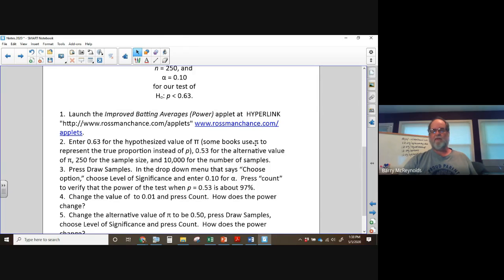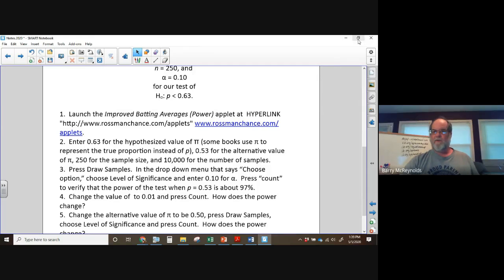I wouldn't pronounce it pi in Greek. I would look at this letter and call it p. So in many courses and textbooks, the Greek letter pi is synonymous with the English character p. So when you see the Greek letter pi, just think of p.